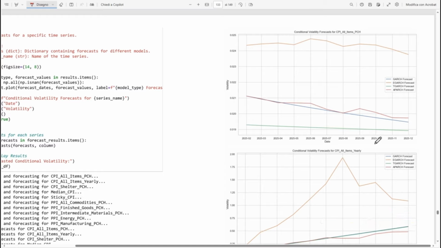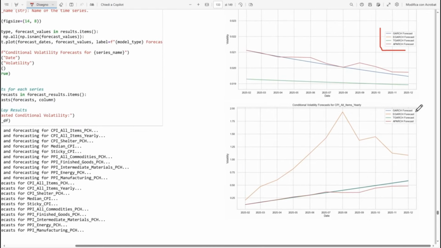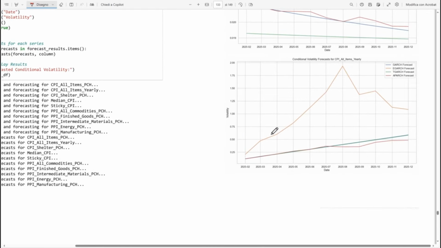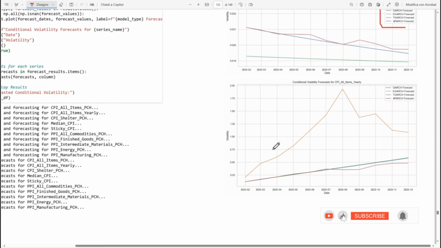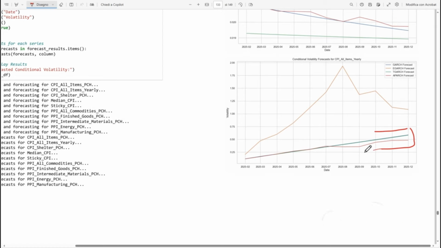It's just plain data, and that's it. So in normal times, conditional volatility for CPI should be somewhat decreasing for all the models. On a yearly basis, instead, we have a huge upside for the EGARCH model, which is not in line with this trend here, so I would not consider this one.